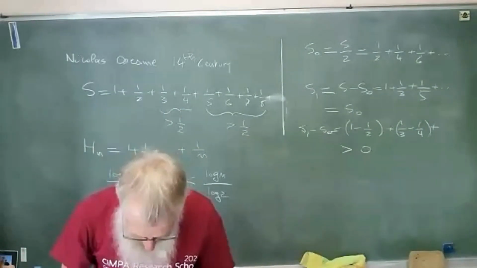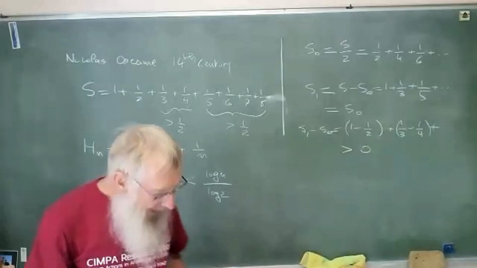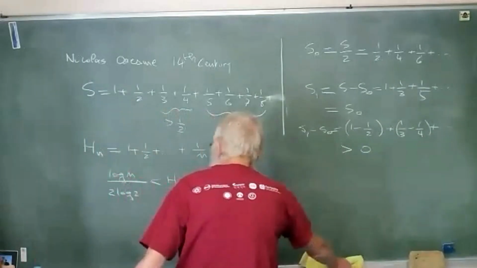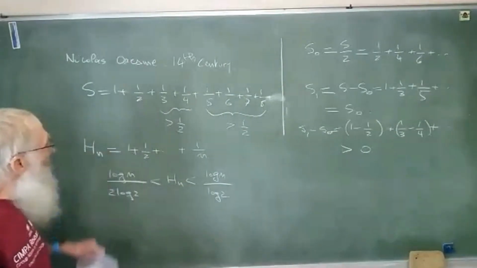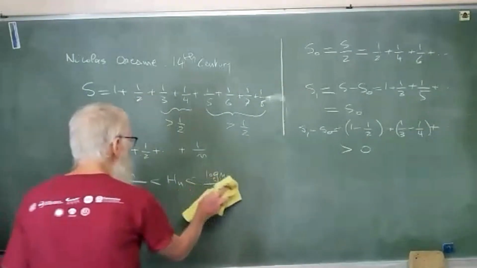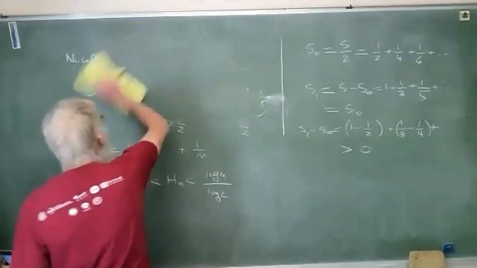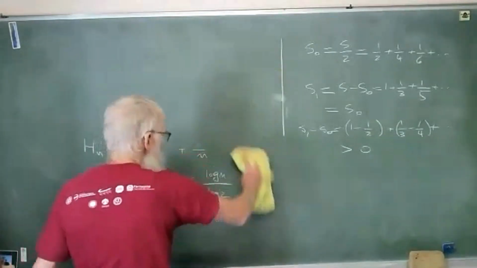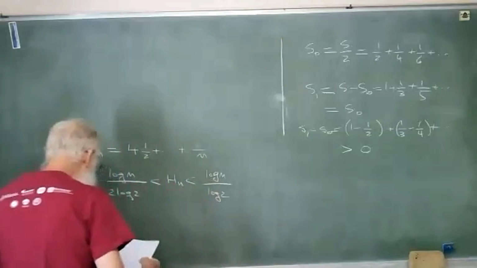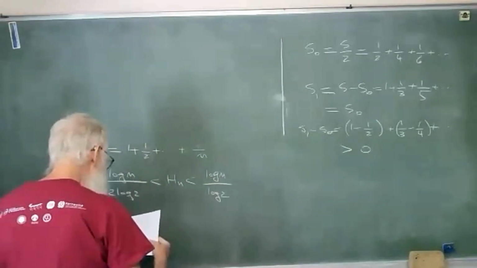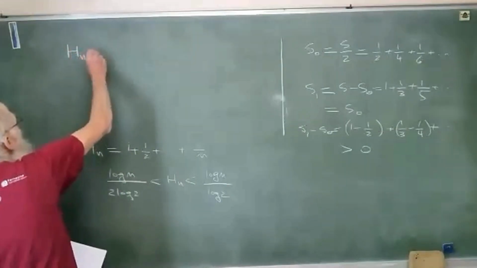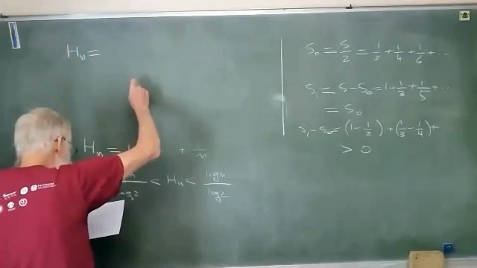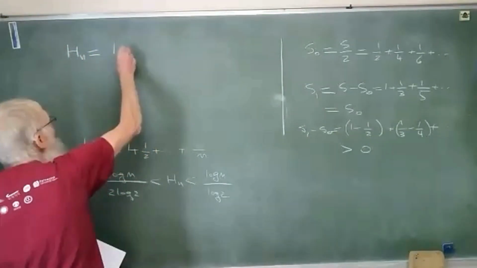But I would like to give a slightly different proof, which gives more than this estimate, which comes from the work of Nicolas Oresme. And so the other proof which will be useful is to write Hn equal 1 plus 1/3.